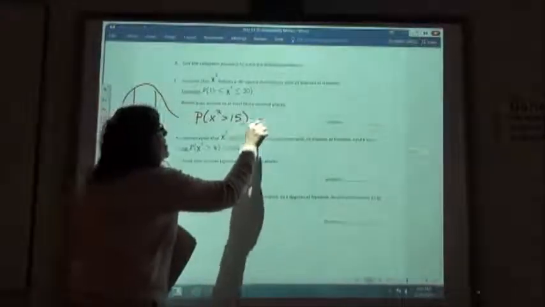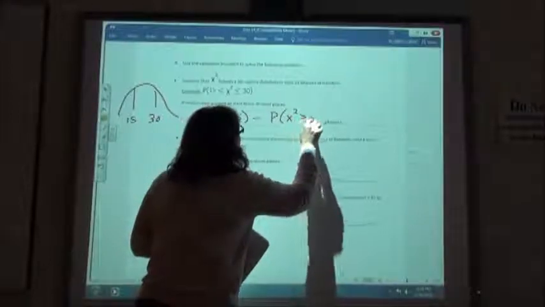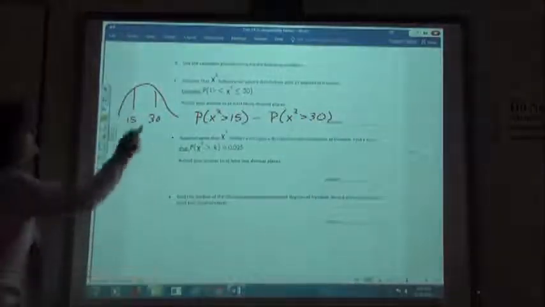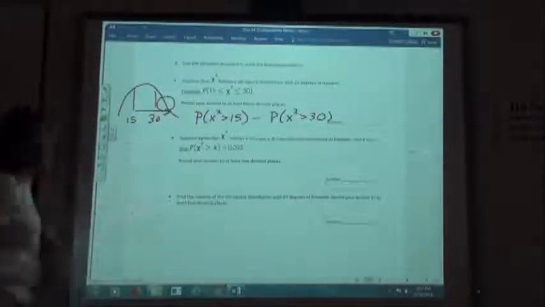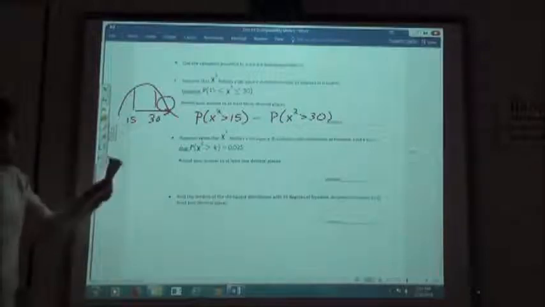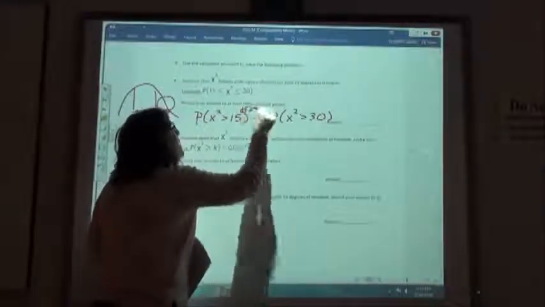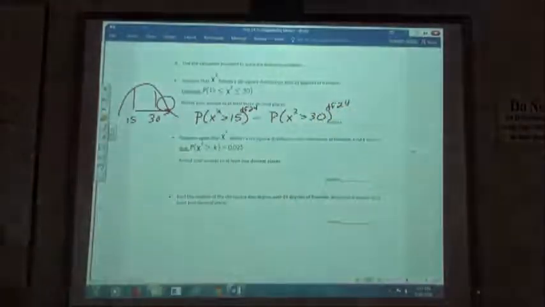And then I'm going to subtract the P of chi squared is greater than 30. Whoops, I should put my degrees of freedom in there. Because what I'm doing is I'm going to find this area here, but then I'm going to subtract the end part off. And of course I have to have my degree of freedom, which I always forget to write down, of 24. It tells me right there.